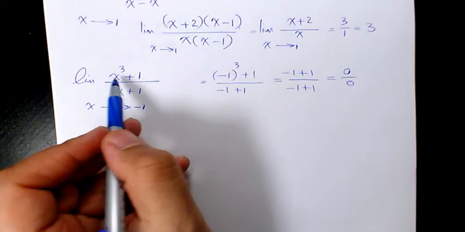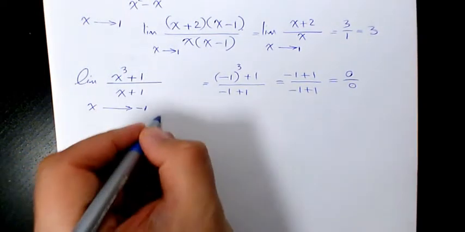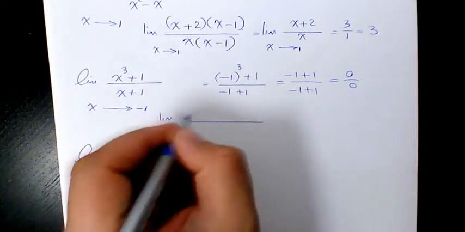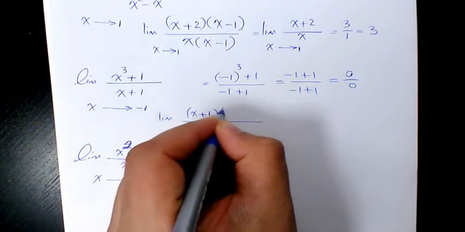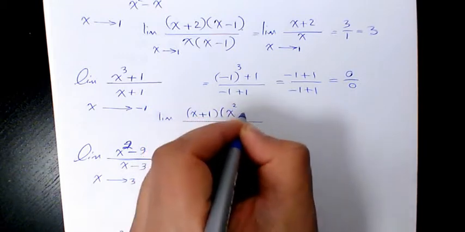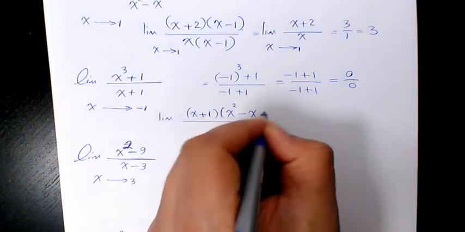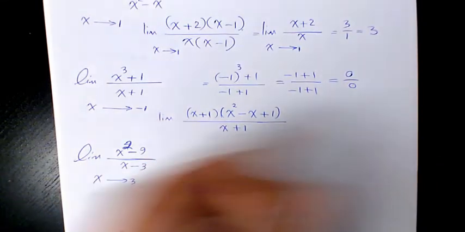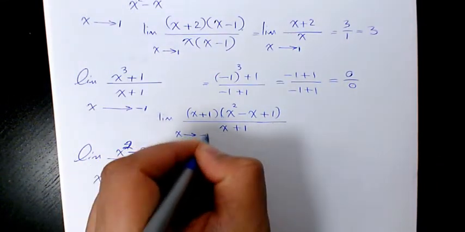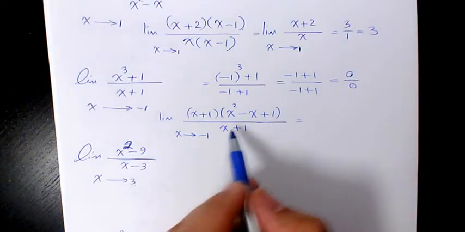So I'm going to factor x cubed plus 1. Limit of x cubed plus 1 is going to be x plus 1 times x squared minus x plus 1, over x plus 1, when x approaches negative 1. Basically these two cancel out.